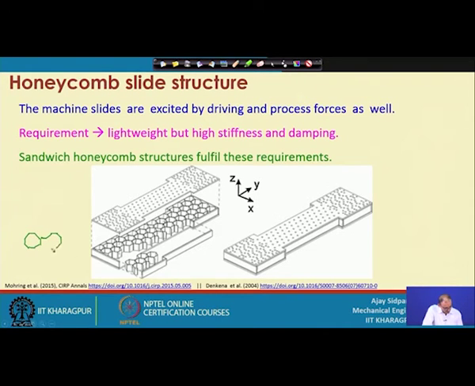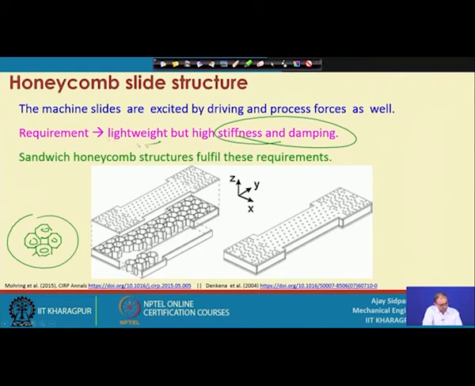So, these are the structures by which you can get the required properties. There are many different structures available. So, in this way you can get a very dense structure by this particular honeycomb structure, and when it is a wall, this will get a very high stiffness and damping, and you know that it is mostly a hollow part. So, these are the hollow things, you do not have material, it is not a solid body.